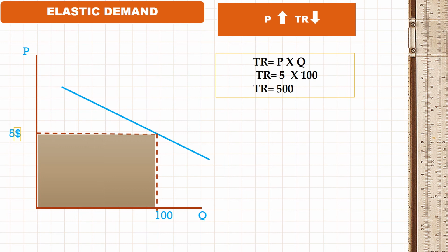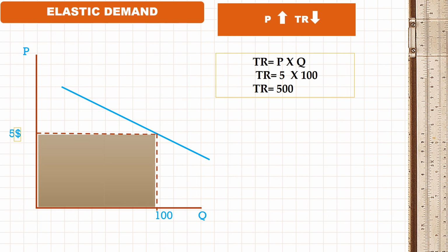Remember, in elastic demand, the commodities are either not necessity goods or they have a lot of substitutes, so people can switch to a substitute if the price of a good rises. Other than that, the commodity can be in the long run: if the price of any product rises in the long run, people have more choices and more time to adjust to changes, so elasticity is large.